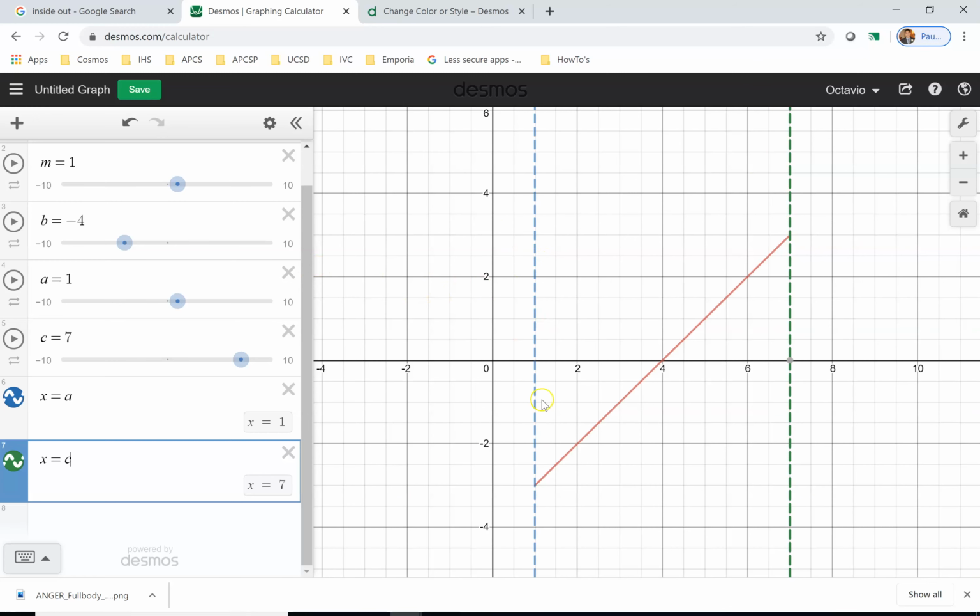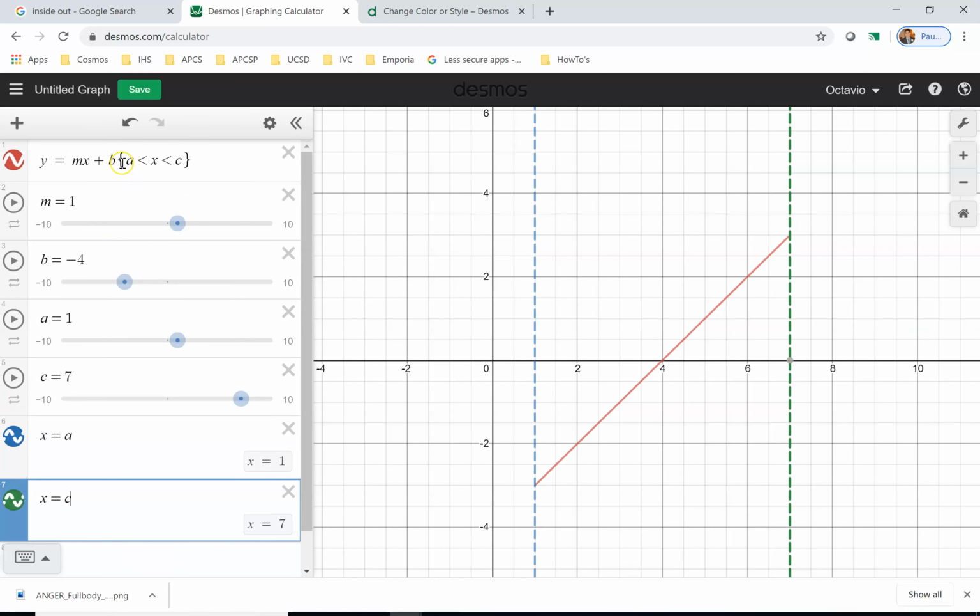And so when we put a domain here, we have our line that is given by that, and then the domain is this part. When we say that x is going to be greater than a, that's how we read it, or you can read it the other way, which says a is less than x. Well, a is 1, meaning x has to be a number bigger than 1. And that's what we're saying here. This line, we're graphing it only for x values that are more than 1.